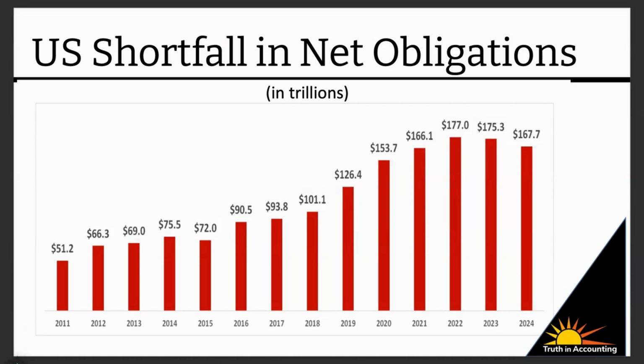The good news is that this 167.7 trillion is actually down 7.6 trillion from the prior year. And this is related to various assumptions about payouts and age demographics in the United States that I'll talk about in a little while. So it's good that we've hit our peak and starting to come down.